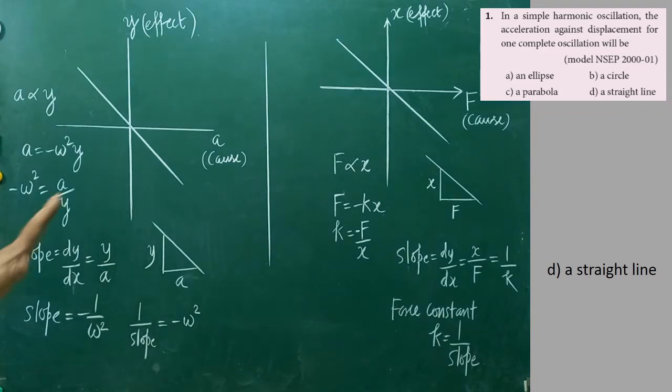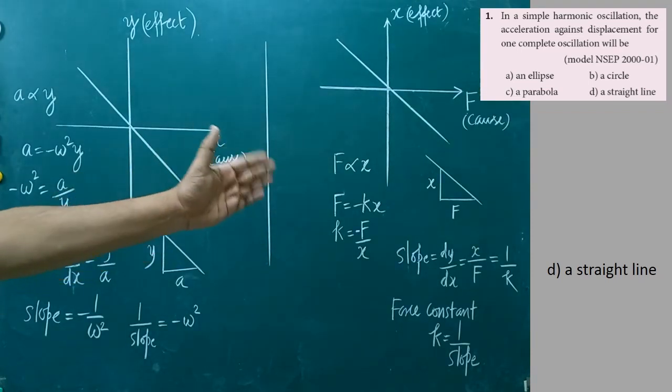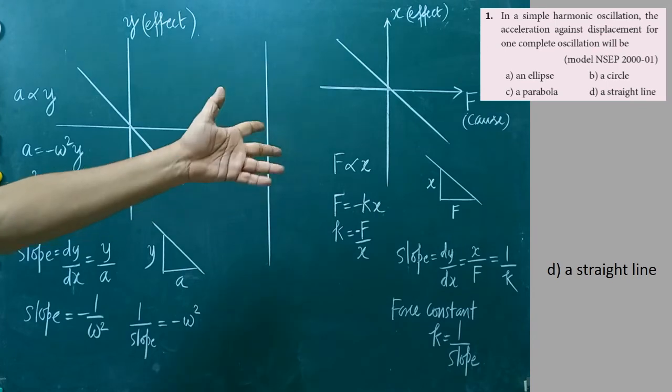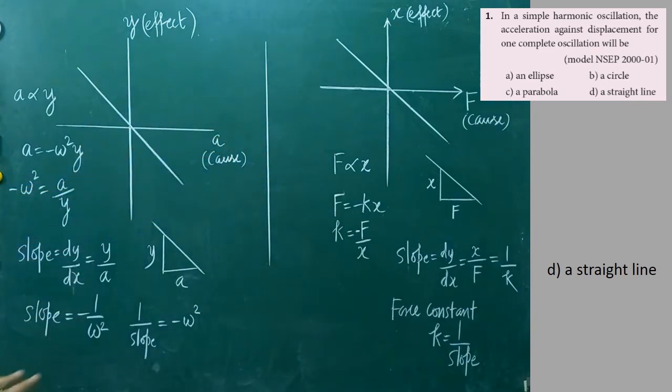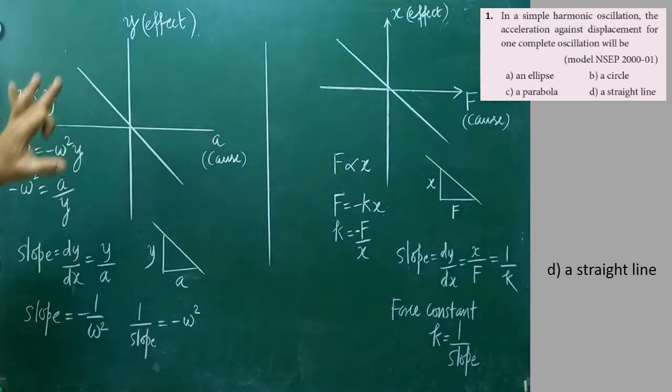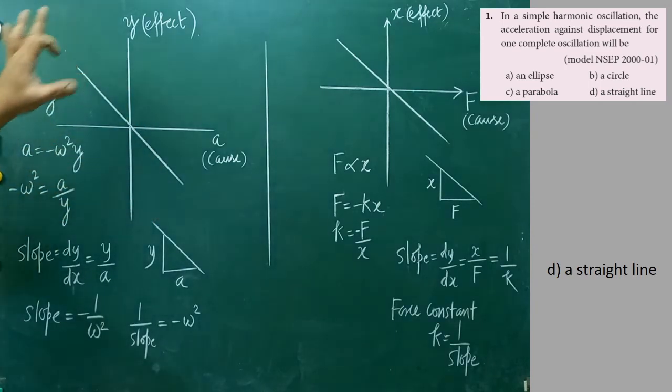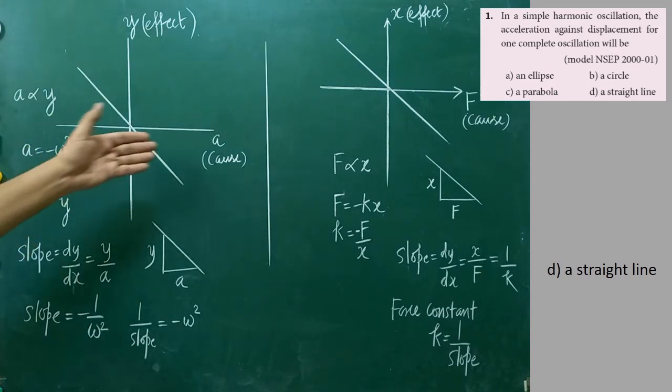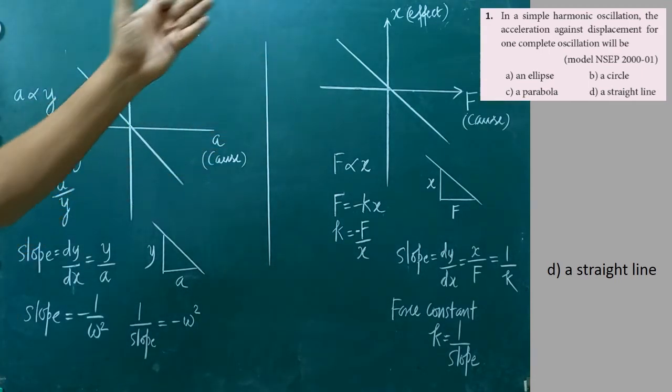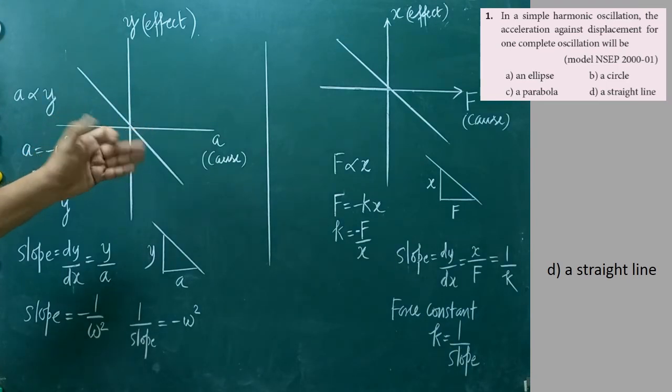So in this graph, force and displacement are drawn. Here acceleration and displacement are taken on the x-axis and y-axis and the graph is drawn, and the shape of the graph will be a straight line. Are you clear? They have a linear relationship. Both force and displacement have a linear relationship.